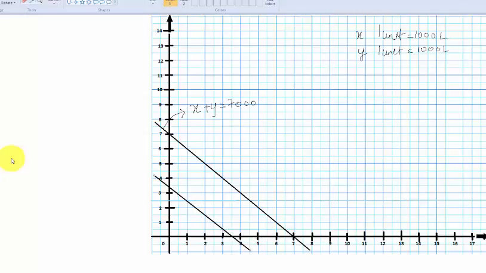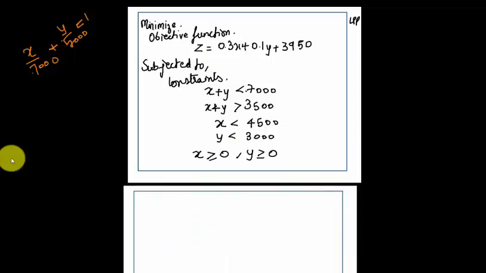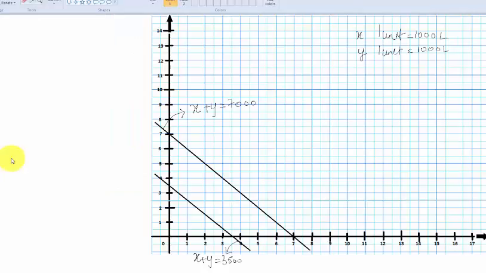I'm going to just pull this up. x plus y equal to 3500, and that's the equation here. And what else? x is less than 4500, which means x is equal to 4500. In this case it's 4.5, so I'm going to draw a straight line here from 4.5, pull it up all the way here, and that is my x is equal to 4500.